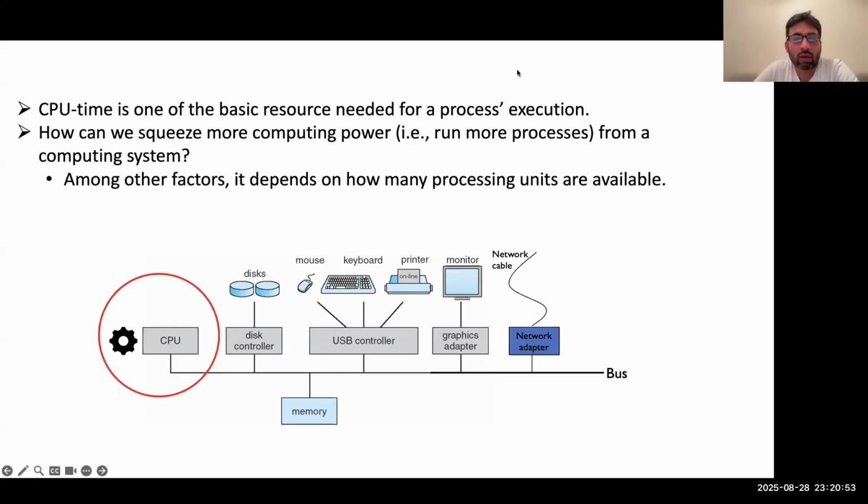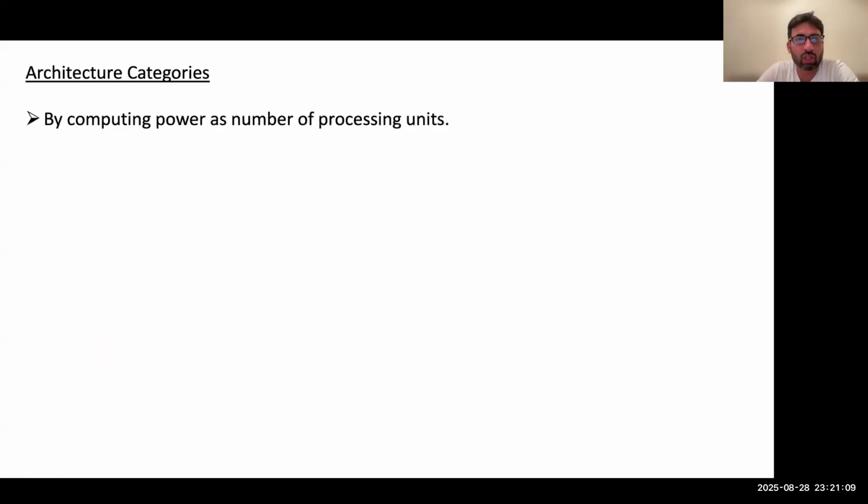If we want to run multiple processes, then we need to have multiple CPUs on the machine. So we can categorize the architecture of a computer in terms of its computing power, which we measure as the number of processing units.